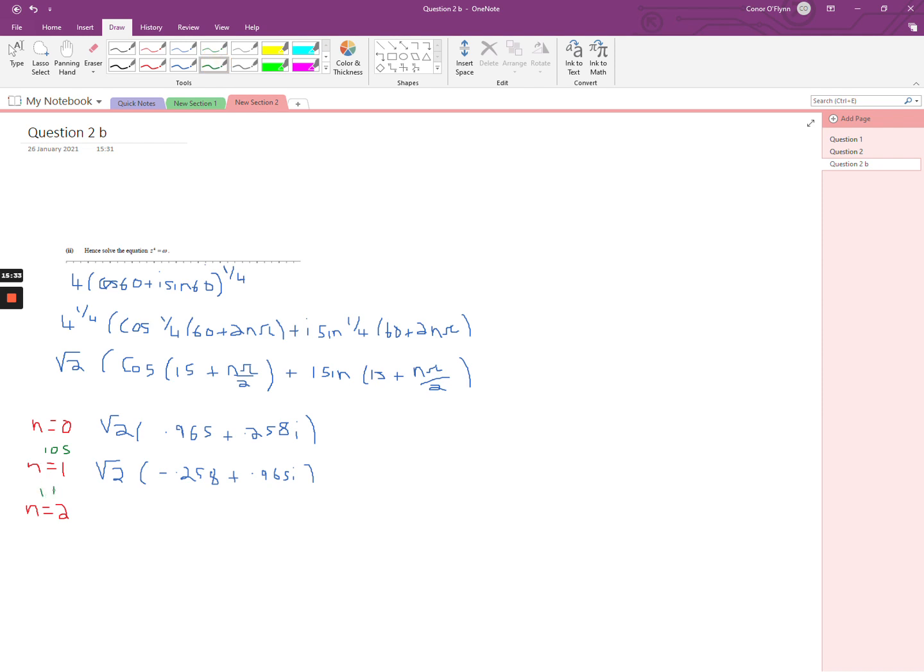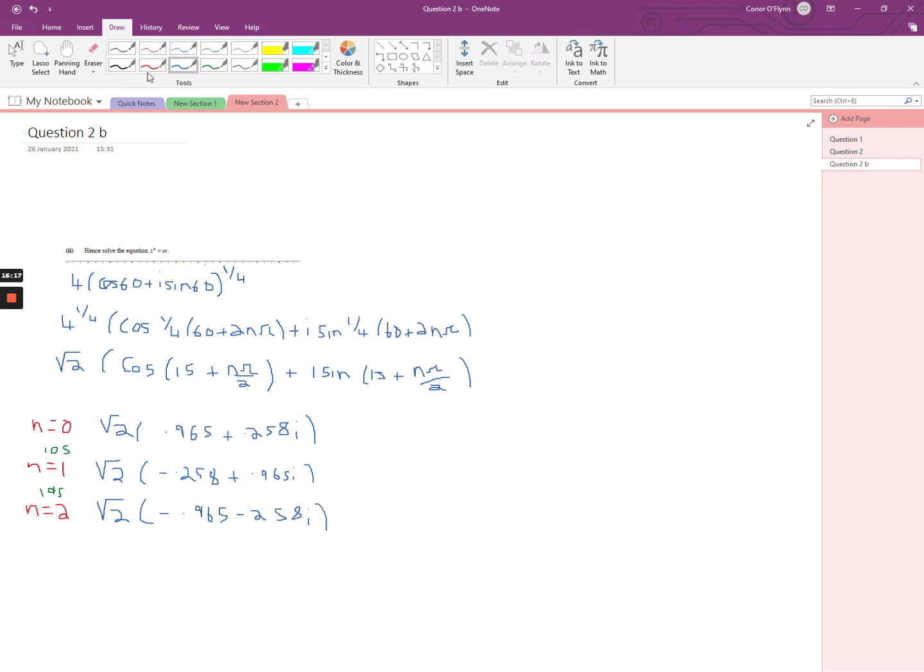So we're going to get the same thing, cos of 195, which is minus 0.965, and sine of 195, minus 0.258. Like it doesn't go in fractionally, but that can happen. If it doesn't tidy up, it doesn't tidy up.